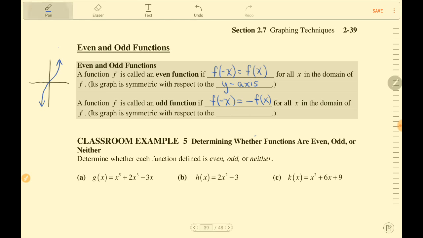This is symmetric to the origin, but it is not symmetric to the y-axis, neither is it symmetric to the x-axis. So you can say if an equation is symmetric to the x-axis and symmetric to the y-axis, then it has origin symmetry. However, you cannot say that if an equation has origin symmetry, then it must be symmetric to both the x-axis and the y-axis. It might be, but you can't automatically make that assumption.